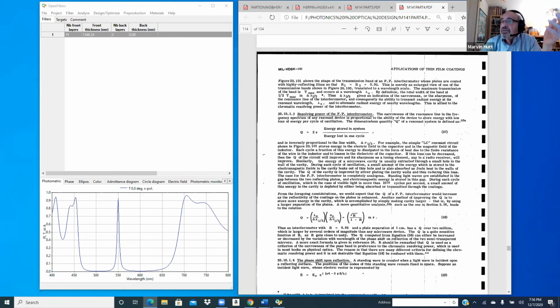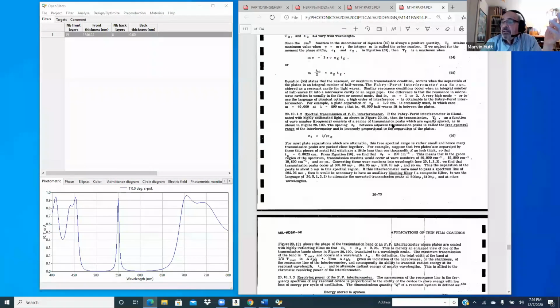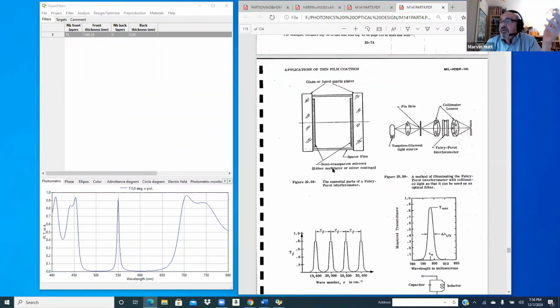the resolving power of a Fabry-Perot interferometer, okay? And we talk about the Q, and the classical Fabry-Perot is two mirrors and two glasses with a gap between them.